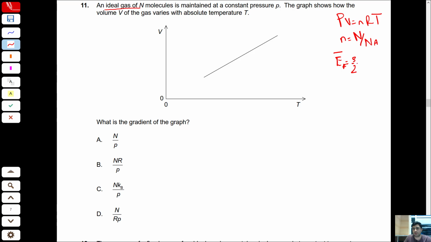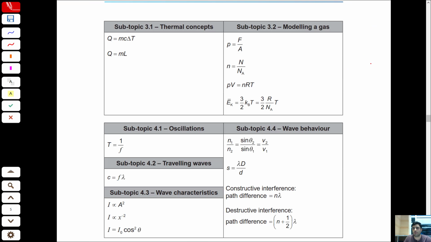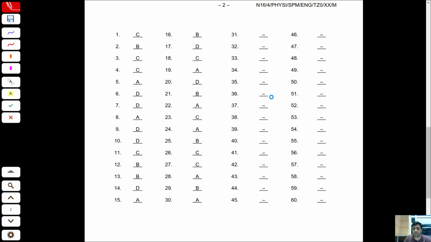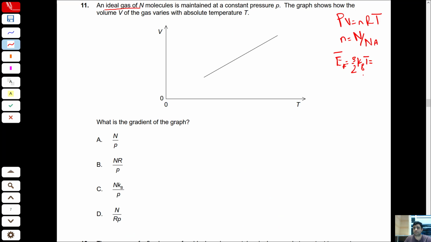Average kinetic energy is 3/2 Boltzmann constant times temperature, equals 3/2 R over NA T. So this R is the molar gas constant. So I'm just copying the equations from the data book. So let's just separate them. All these equations are just taken from the data book. This is the average kinetic energy of the particles.